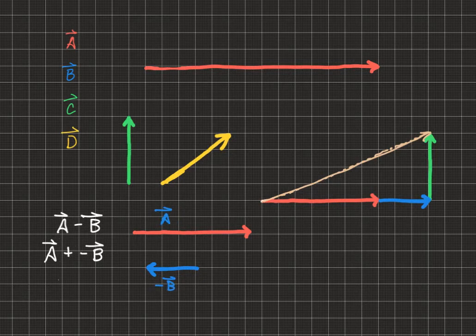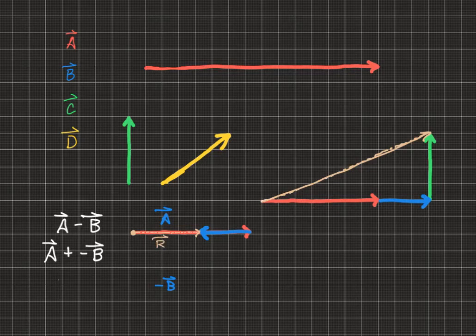The tail of my second vector goes to the tip of my first vector, and my resultant vector now, and let me make this really skinny to go on top of it, is from the original spot to the end of what might be a whole chain of vectors. But this is my resultant R.